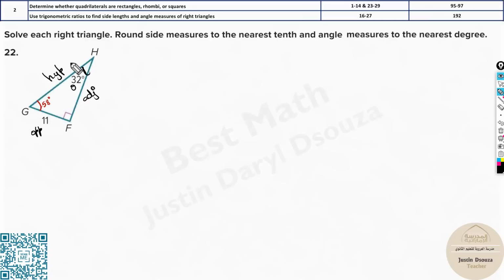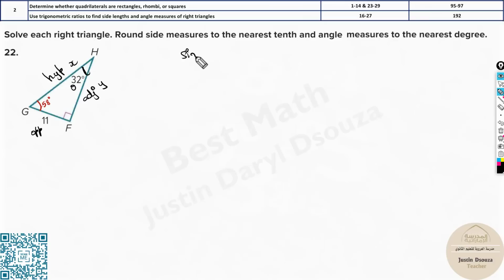I'll take the hypotenuse as x and adjacent as y. We can't solve hypotenuse and adjacent together because both are unknown. So from the formulas, we will choose the ones having opposite and hypotenuse, and another with opposite and adjacent.